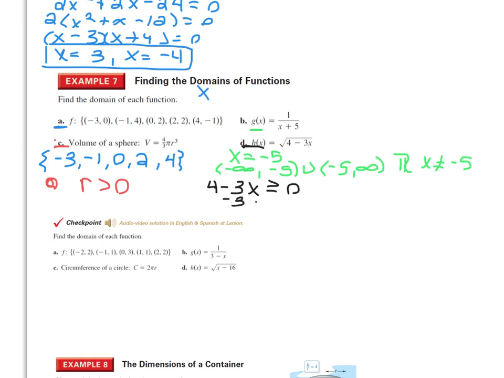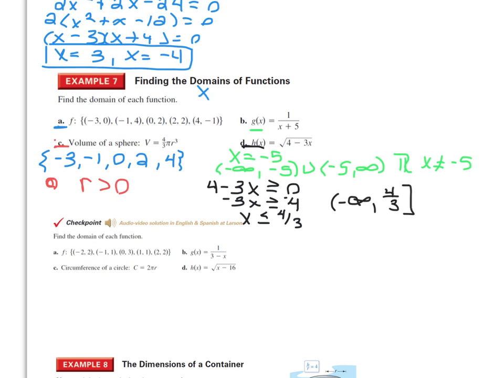So -3x is greater than or equal to -4. Remember, when you divide by a negative, it changes your sign. So x is less than or equal to 4/3. Therefore, your domain is all the x's less than or equal to 4/3. So you can say -infinity to 4/3 included.